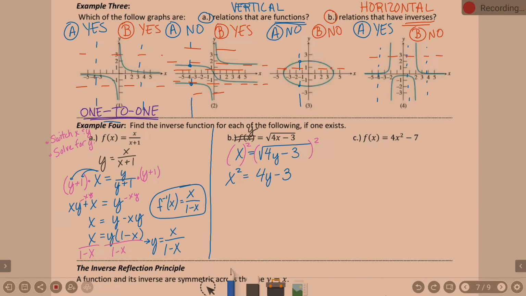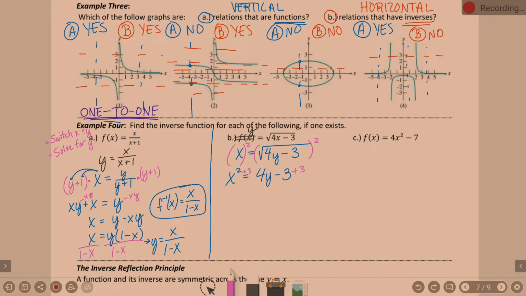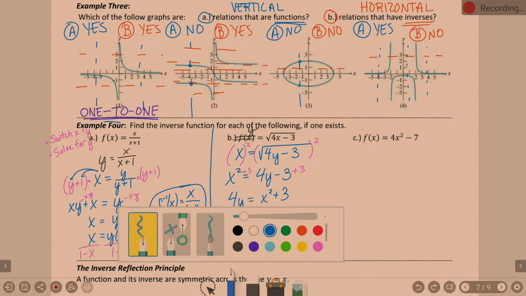If it's 4 times y minus 3, then we want to add 3 on both sides. I'm going to flip my equation here. So I have 4y equals x squared plus 3, if you will. And to get y by itself, divide by 4.